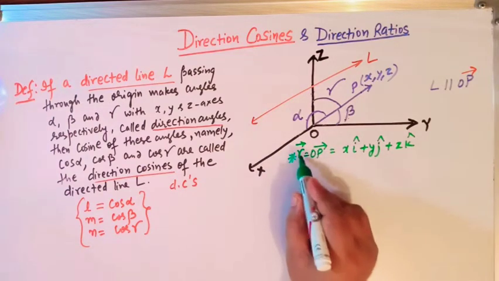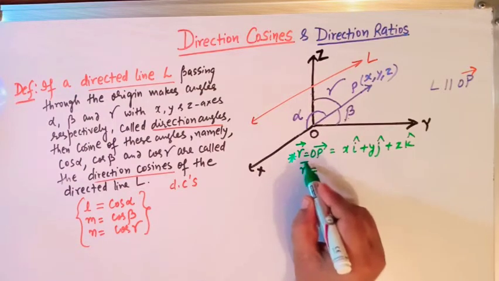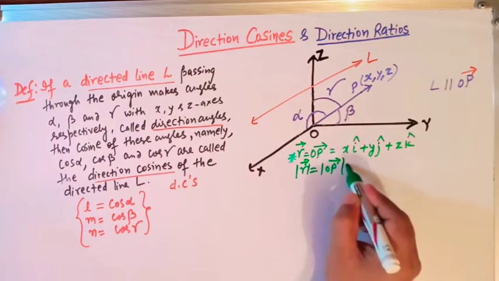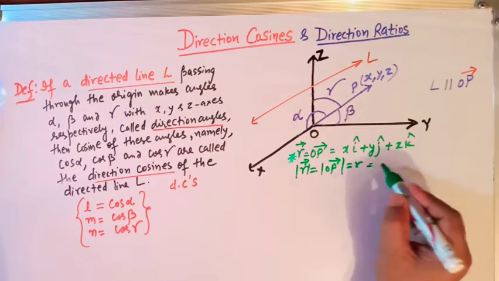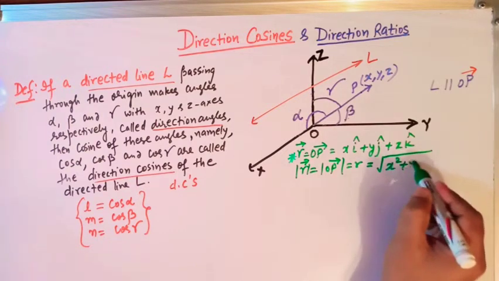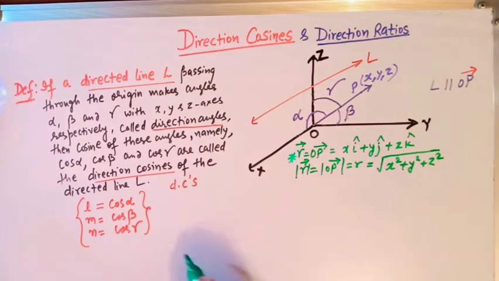And the magnitude of this vector OP is denoted simply by r, and it is the square root of x square plus y square plus z square, right?